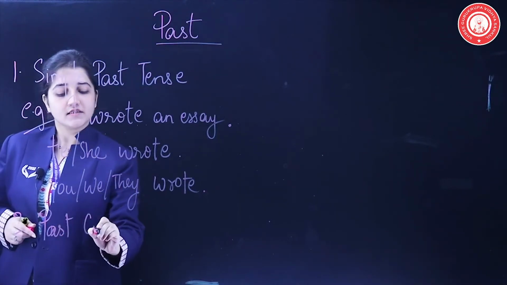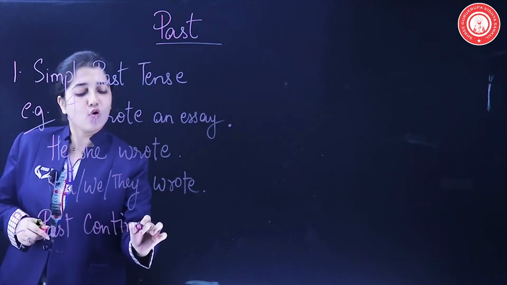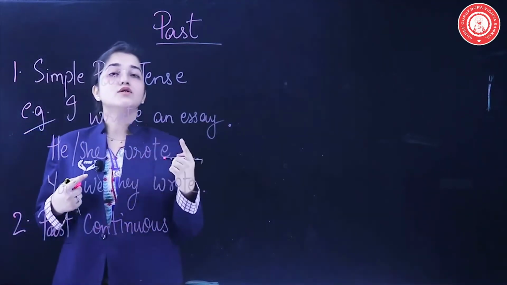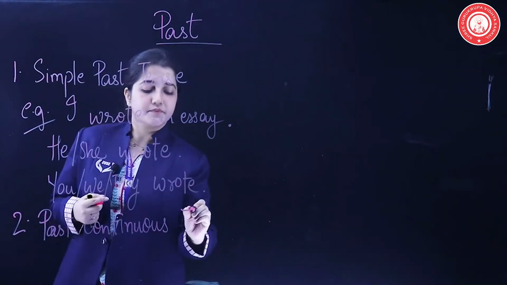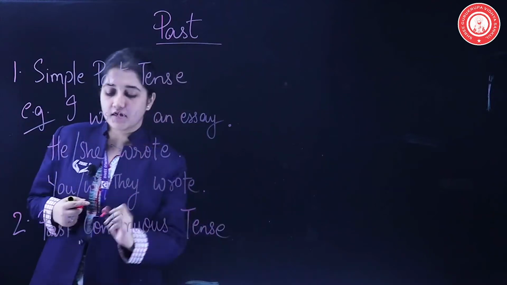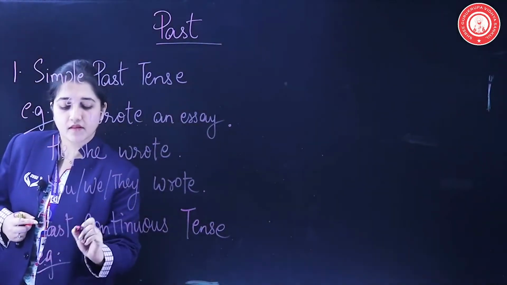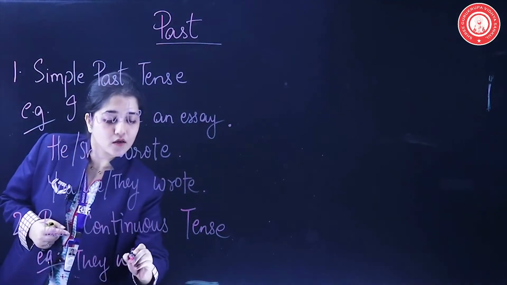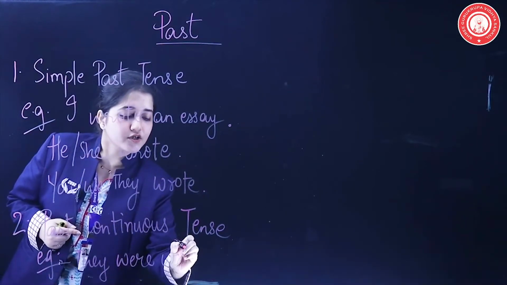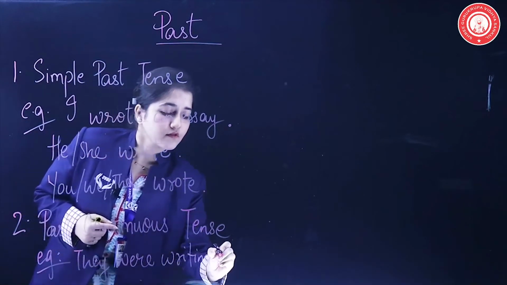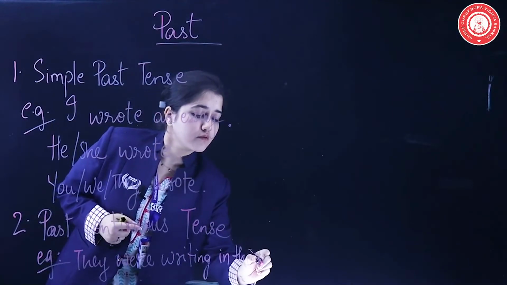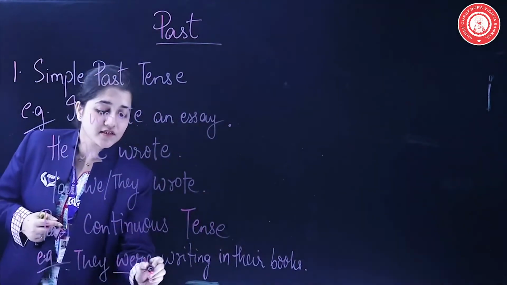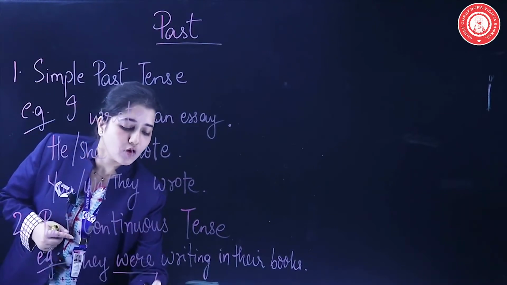to past continuous tense. Now I hope by looking at the word continuous, it has automatically come into your mind that we need to use the ing form of the verb. Again, for an example, they were writing in their books. Now, because it's past tense, we will use was or were.